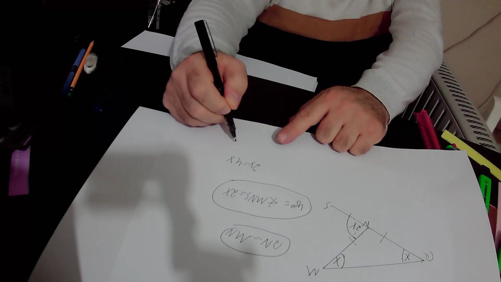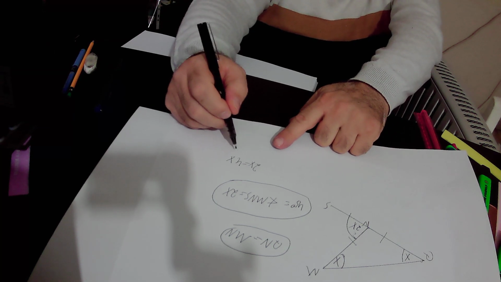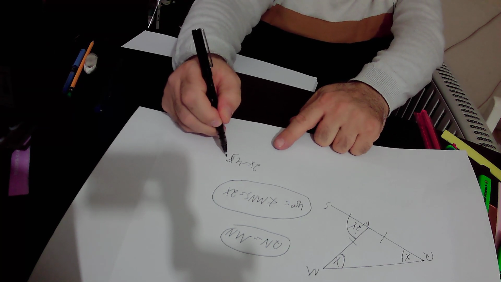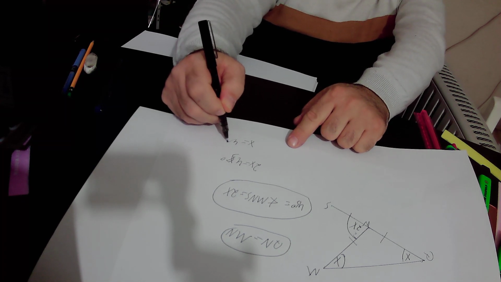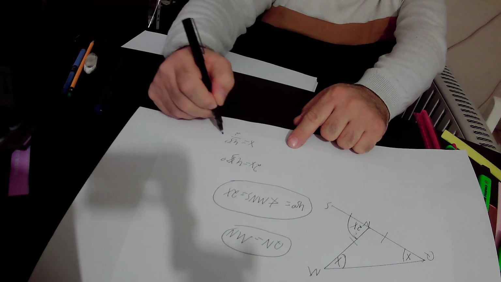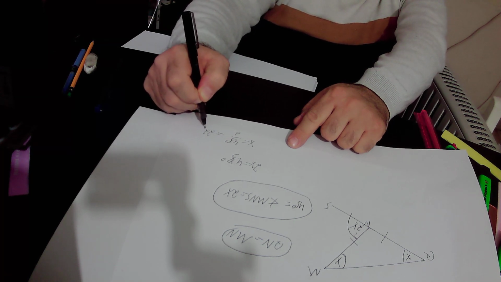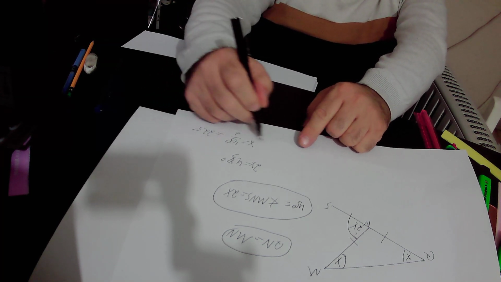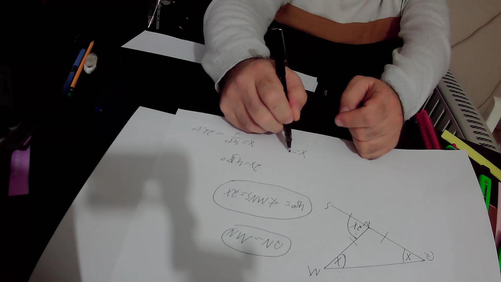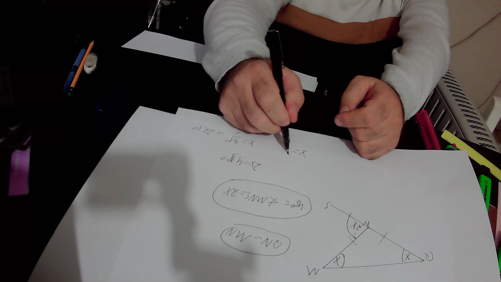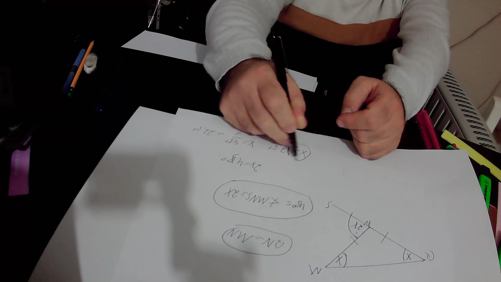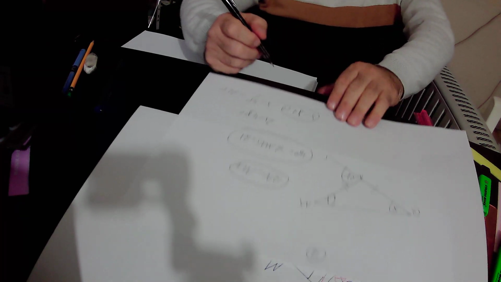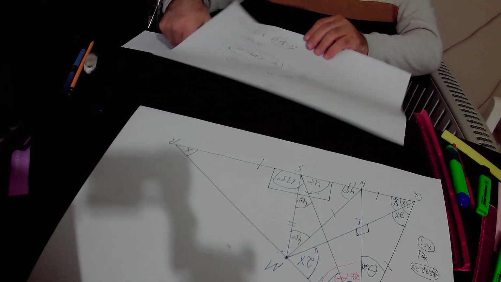Here we will divide this equation by 2, and we will get that x equals 45 degrees over 2, that is to say x equals 22.5 degrees. So we found out that according to the second method, x also equals 22.5 degrees. Okay, so now I'll summarize the lecture.